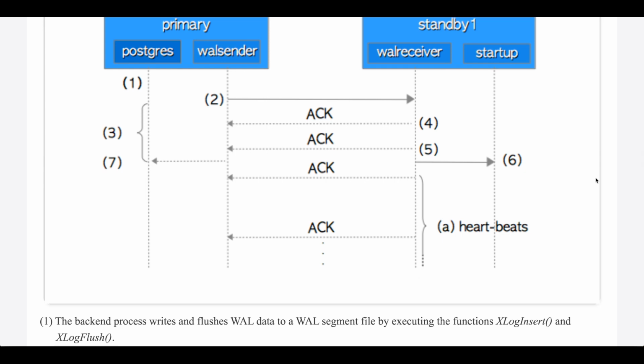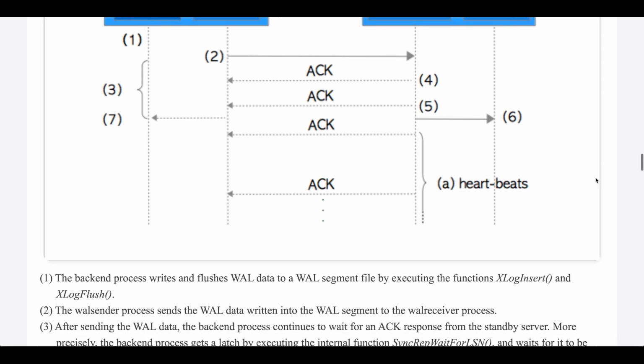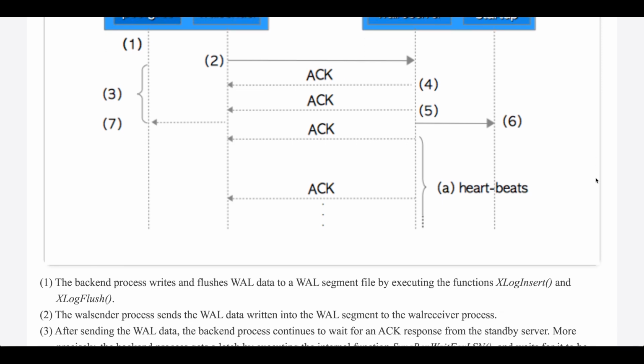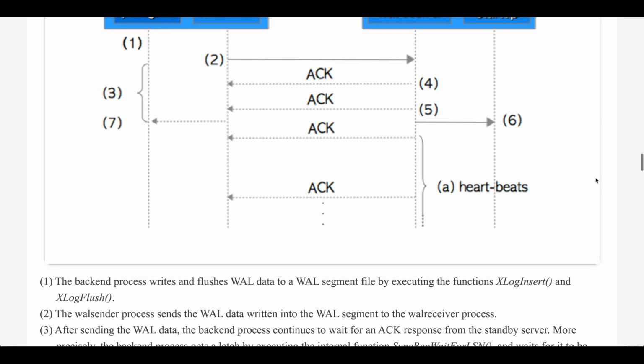1. The backend process writes and flushes WAL data to a WAL segment file by executing the functions XLogInsert and XLogFlush. 2. The WAL sender process sends the WAL data written into the WAL segment to the WAL receiver process. 3.